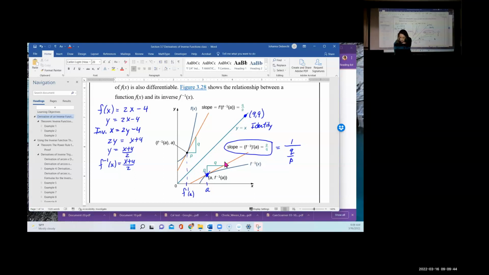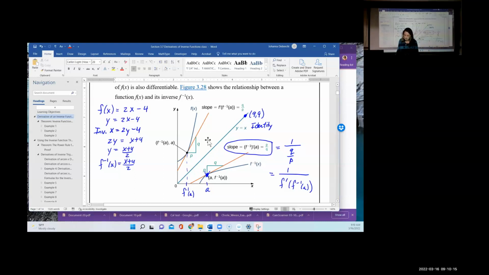But I can also write that then using the formula. This is 1 over F prime of F inverse at A. This is the formula for the derivative of an inverse function. This is the formula right here. 1 over the derivative of the original function and substitute in place of x the inverse function value at A. All right.